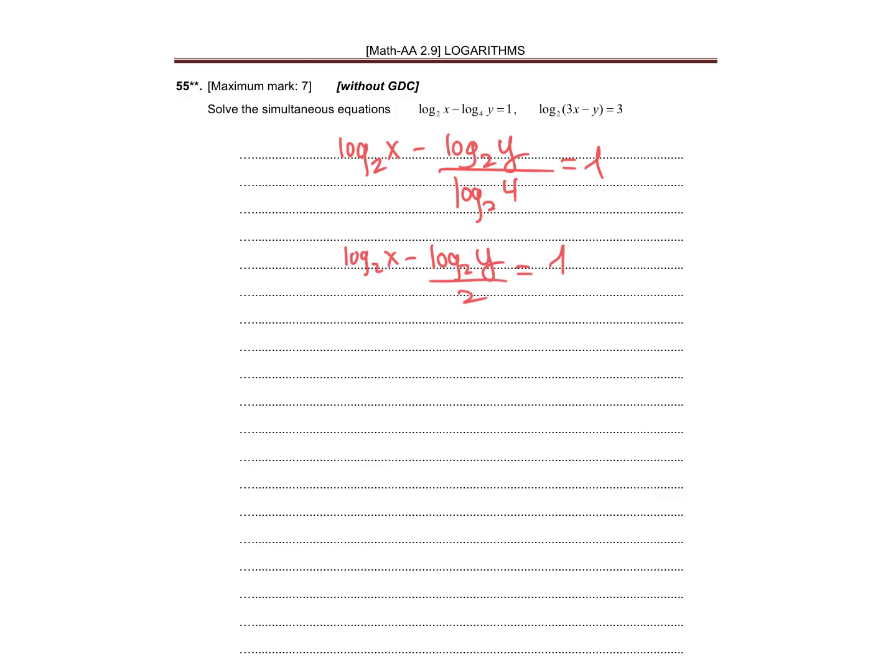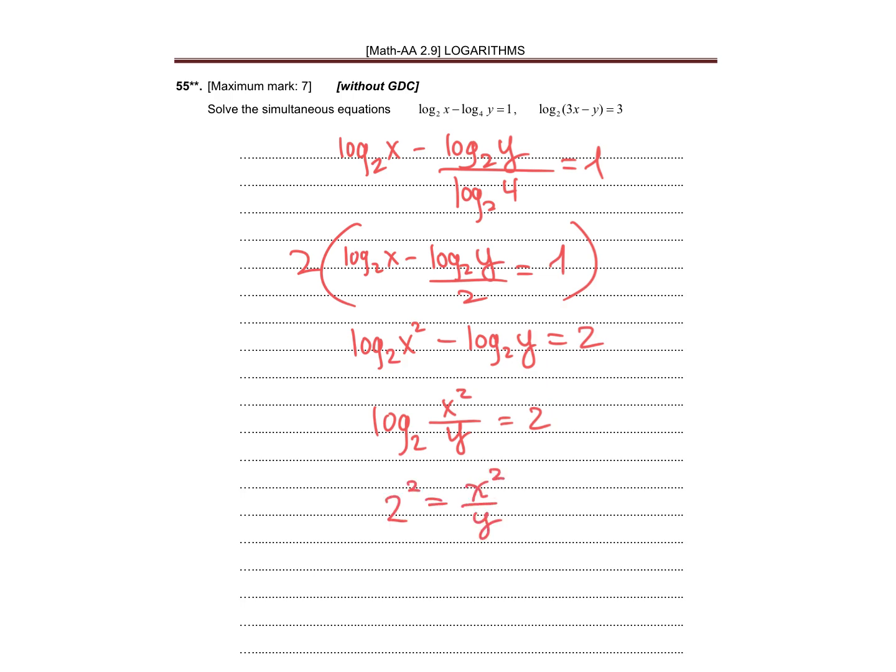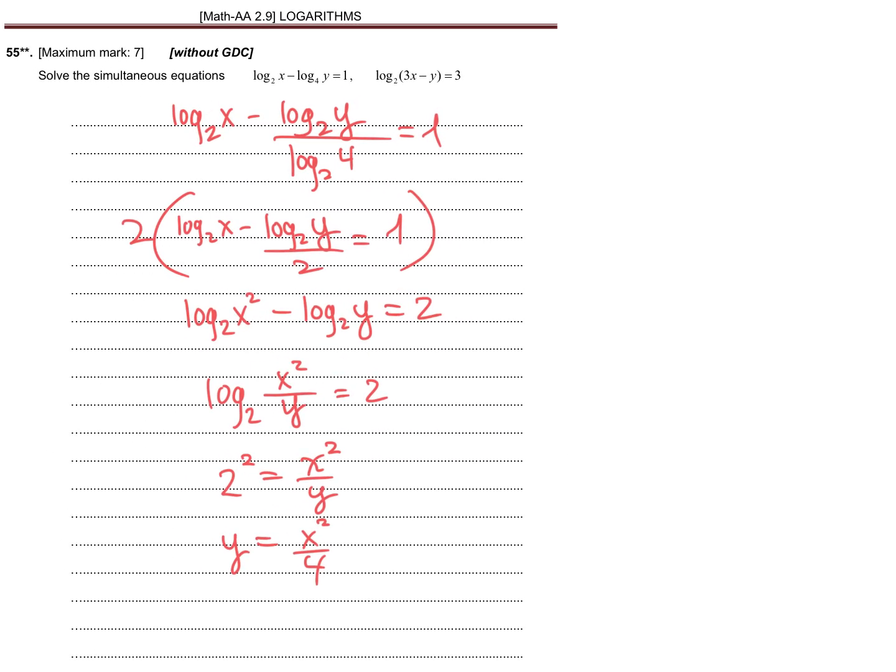If we multiply everything by 2, it's going to be 2 log base 2 of x, which is log base 2 of x squared, minus log base 2 of y equals 2. And now we can get these together. x squared over y equals 2. So we have 2 squared equals x squared over y. So I would have y is x squared over 4. Okay, that's for one side.